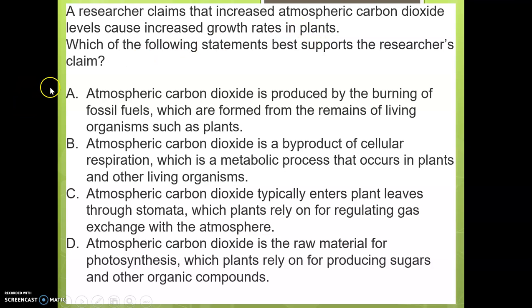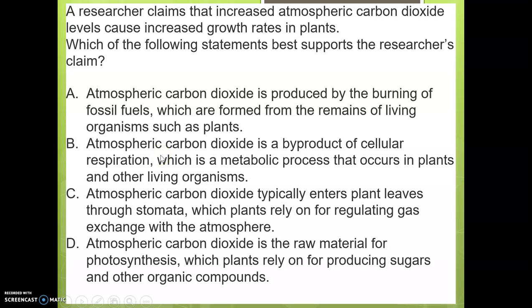We just went over in the previous slide that plants breathe in carbon dioxide. So if they're breathing in carbon dioxide, obviously they're going to grow, right? Did I talk about fossil fuels or living organisms such as plants having remains? No, so it's not A. B, atmospheric carbon dioxide is a byproduct of cellular respiration. We do breathe out carbon dioxide, which is a metabolic process that occurs in plants and other living organisms.